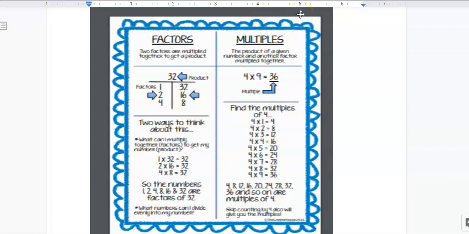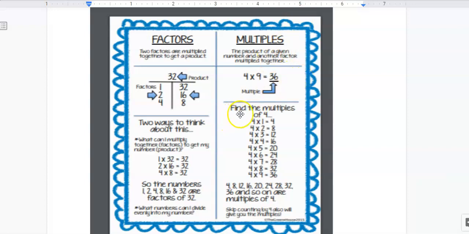So multiples are different. Don't get them confused. A multiple is the product of a given number and another factor multiplied together. So 4 multiplied by 9 is 36.